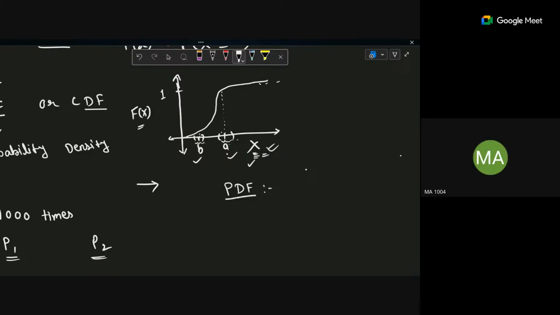But with this CDF graph, you can't predict anything for the density of the things or the occurrence of the random variable. Occurrence of an event, I should say, because this x is a random variable, right? What does it mean by a random variable?